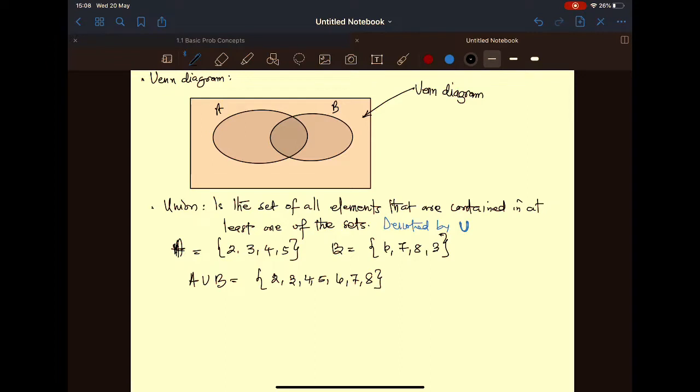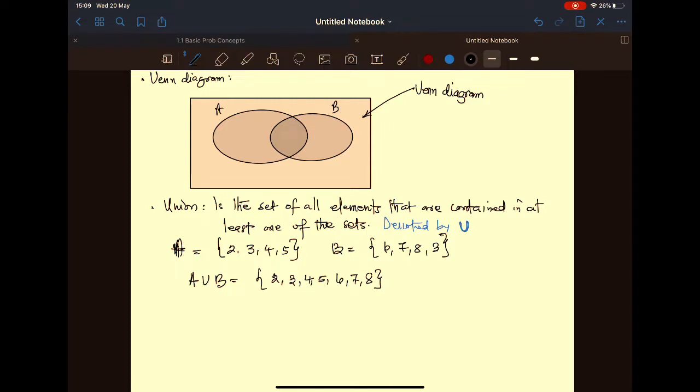So 3 appears two times here. We have it in set A and set B, so it appears at least once, and we count it once in our set. So that's the basic concept of the union of sets.